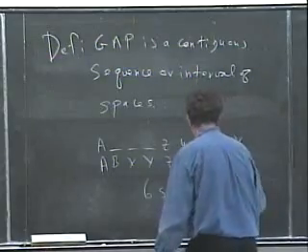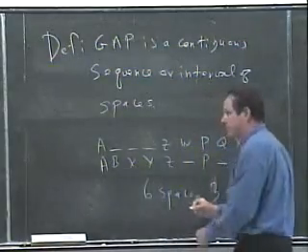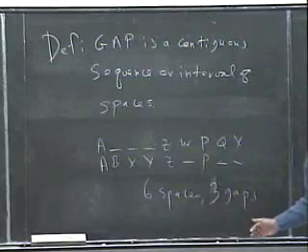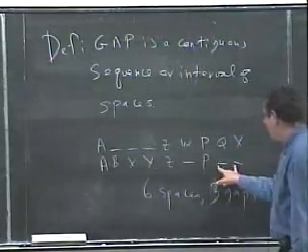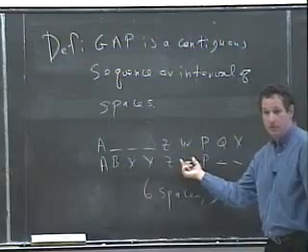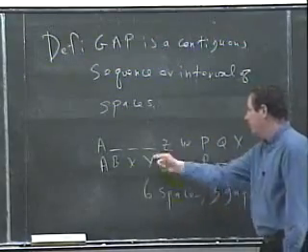No, sorry, 3 gaps. So the 6 spaces are organized into 3 gaps. And 1 gap here, 1 gap here, even though this is just a single space, it's nonetheless a gap. And here's a longer gap.